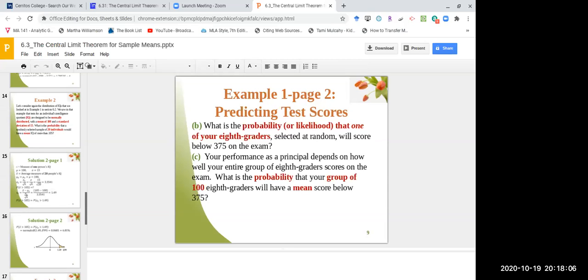Now, the last thing you're going to be doing this week is the central limit theorem for sample proportions. That works sort of the same in theory in terms of doing more than one score, but the formula is completely different. And the homework is not in your textbook. The homework will be on Canvas, and we will post a key, not full solutions, for that particular section of material.